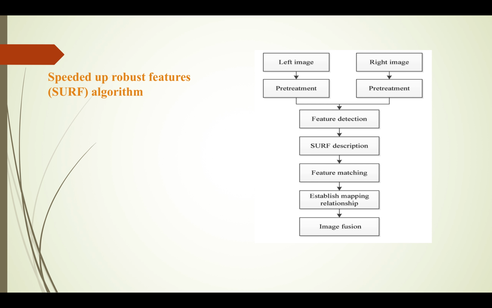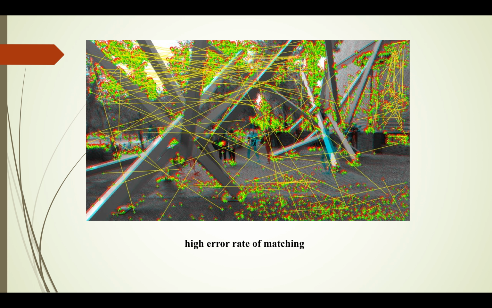But SURF has its shortcomings. You can see in this picture that there are a lot of mismatches. The reason there are so many mismatches is that some points look alike and the search algorithm cannot distinguish them, so it mismatches the points that look alike.